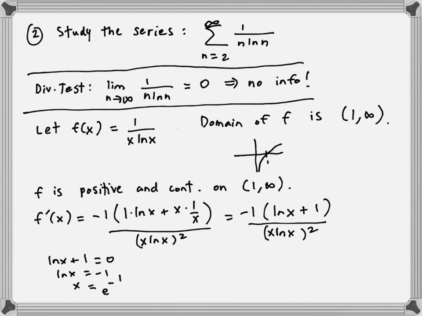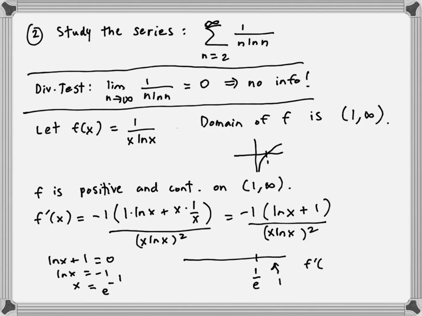Okay, what that means is that if I were to draw this, all I really need to do is plug something in that's bigger than 1 over e. So how about the number 1?